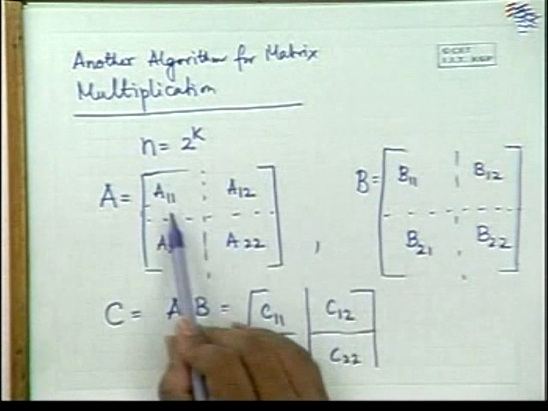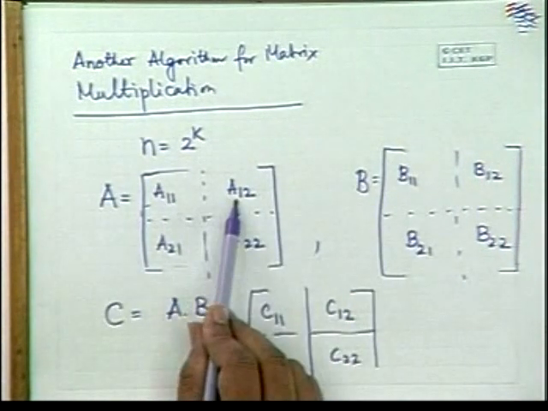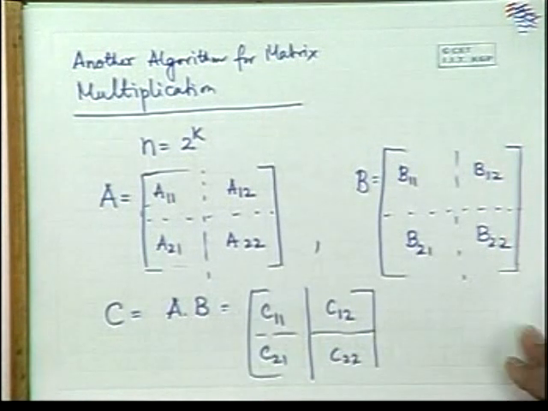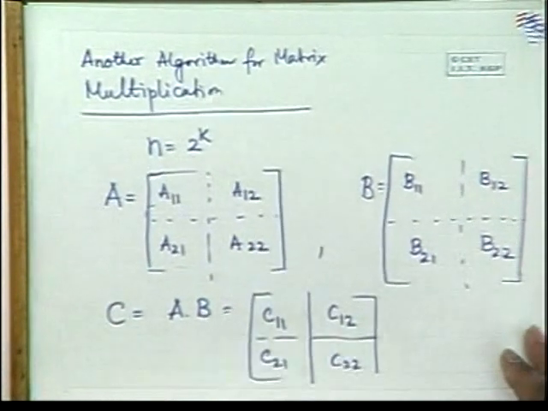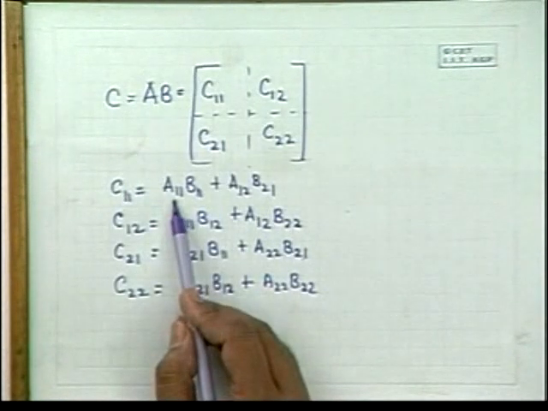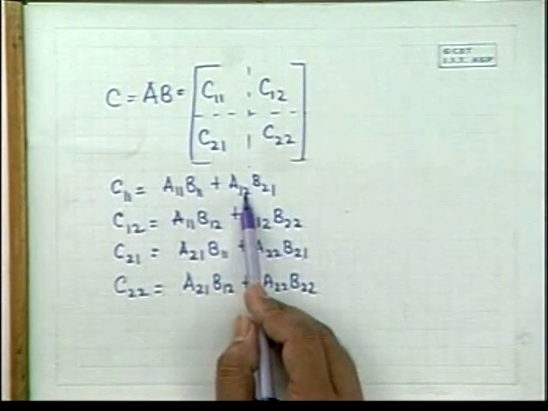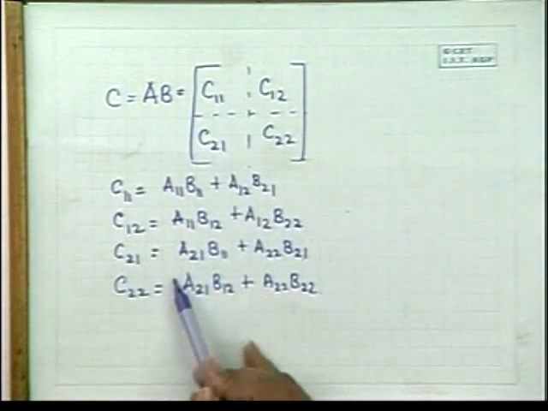So if you multiply that way, then it is A11 B11 plus A12 B21. Exactly, that is here. C11 is A11 times B11 plus A12 times B21. Similarly, all the others.